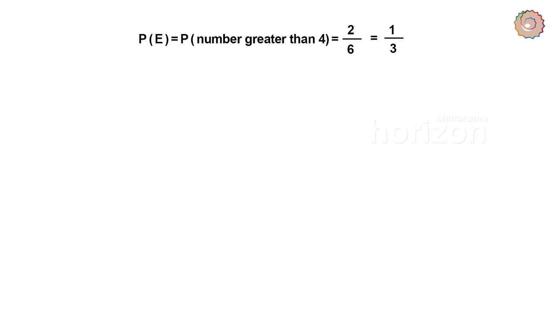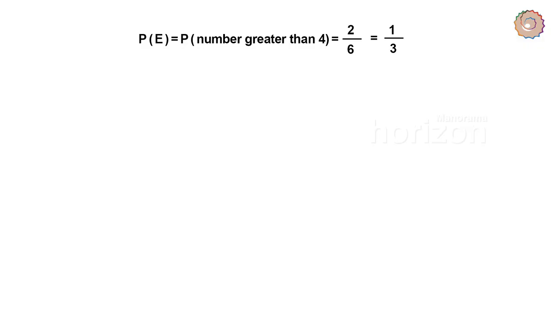The number of possible outcomes when throwing a die is 6, that is 1, 2, 3, 4, 5 and 6. And the outcomes favorable to E are 5 and 6. Therefore, the number of outcomes favorable to E is 2. So, P(E) = P(number greater than 4) = 2/6, giving you 1/3.